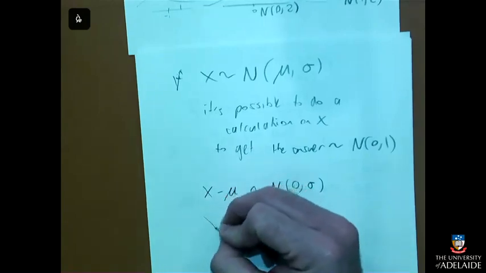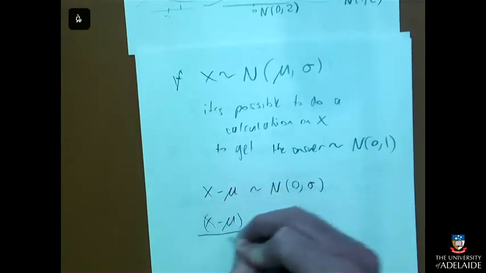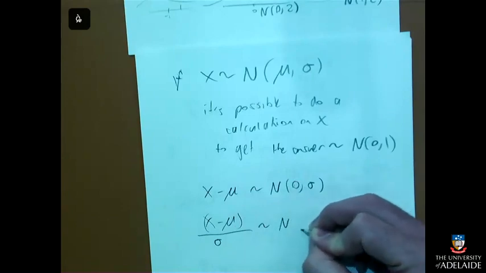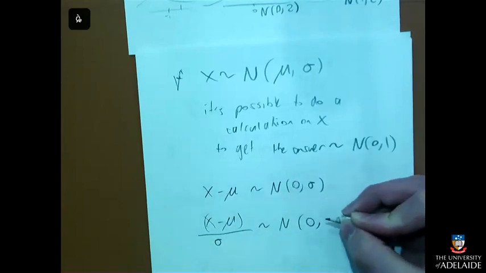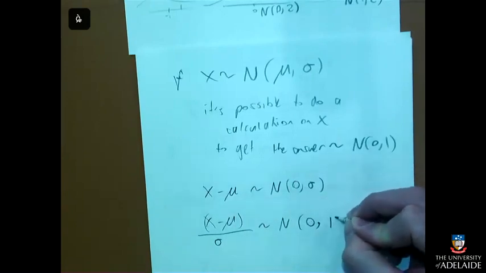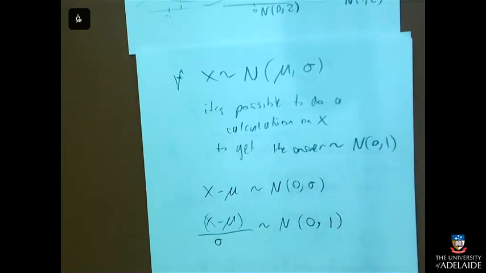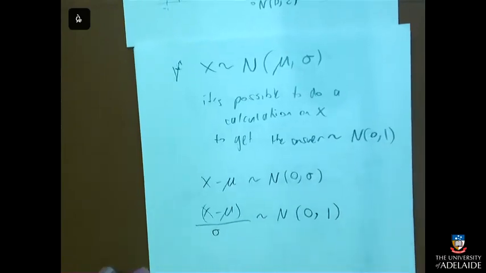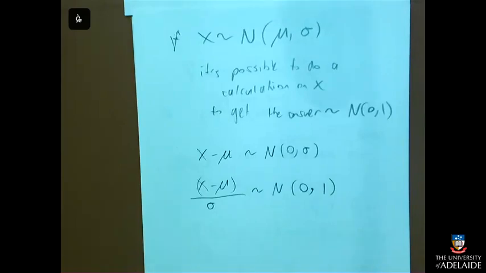And if I divide by sigma, the mean will be divided by sigma, and it'll still be 0, and the standard deviation will divide by sigma, and it will become a 1. So it turns out that if I subtract the mean and divide by the standard deviation, I get a standard normal distribution.